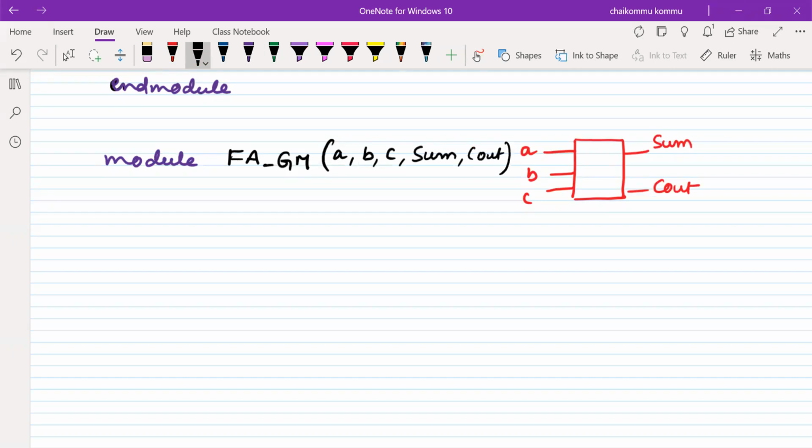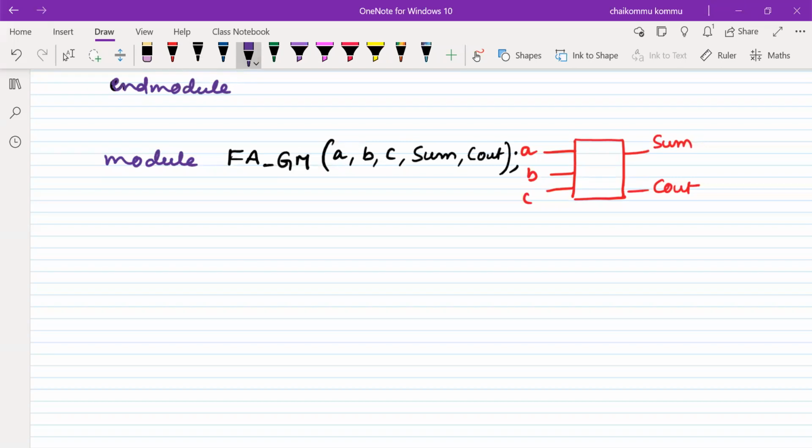So be careful about whether you are writing the sum, S, as a capital letter or small letter. Okay, C as a capital letter or small letter. If you write the capital letter initially, then you have to write the capital letters throughout the program. Otherwise, write small letters. Okay, so don't forget about this one. Verilog is case sensitive.